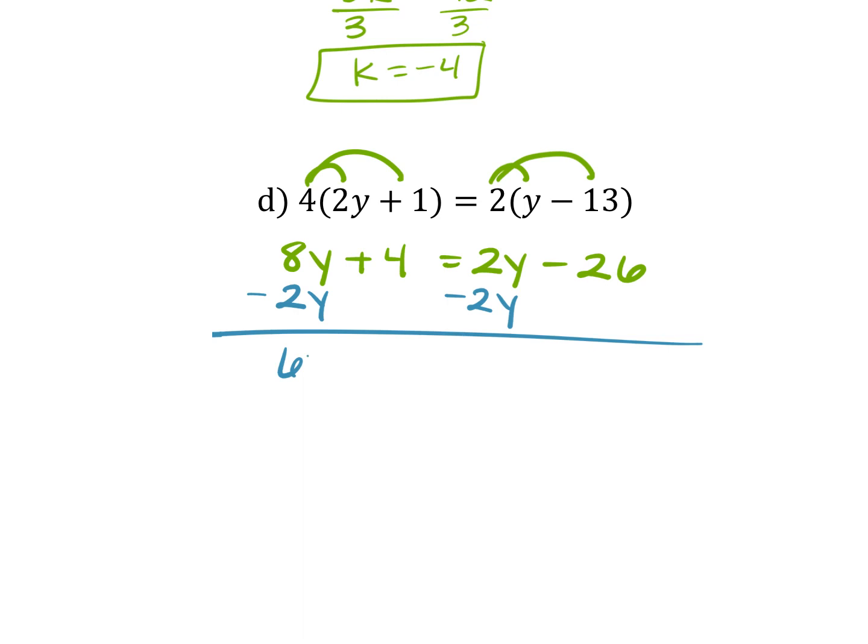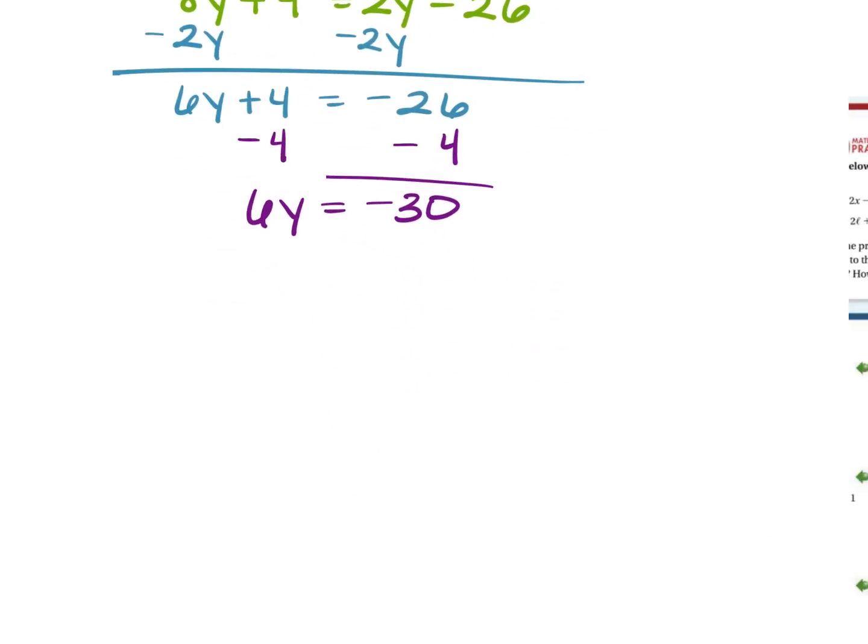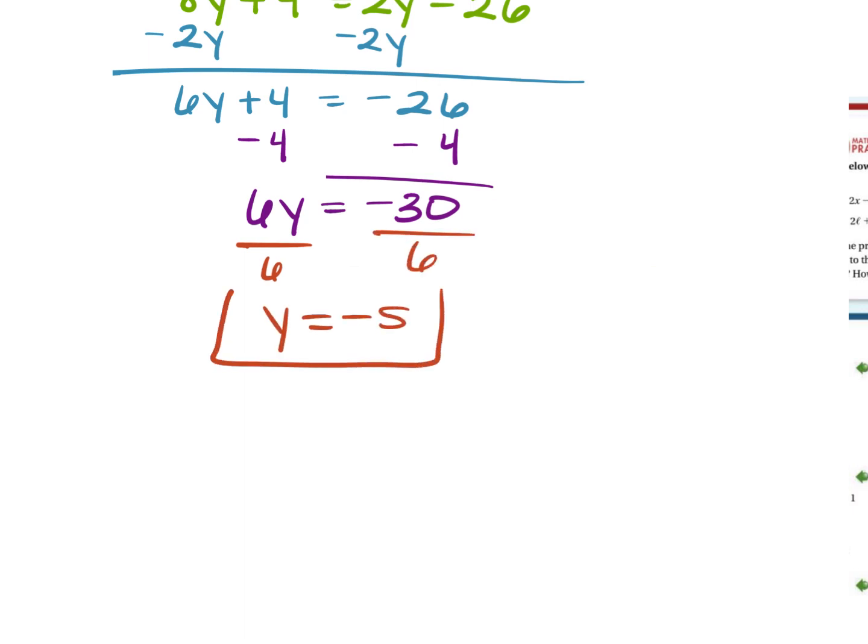So we get 6y plus 4 equals -26, okay? Next move, take away the 4. So you get 6y equals -30. And then your last step is to divide by the 6. So your y should be -5.